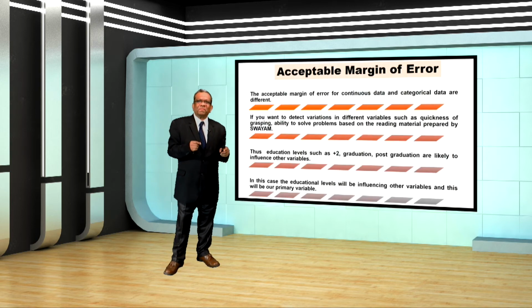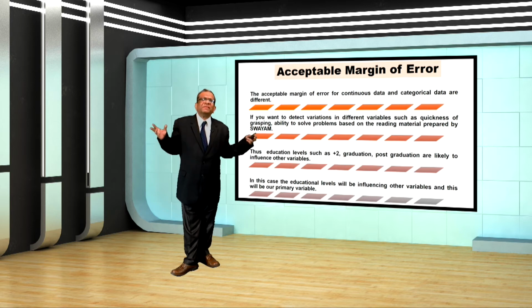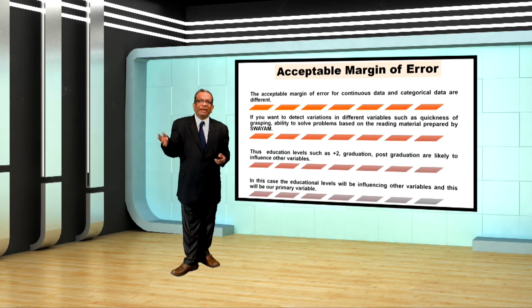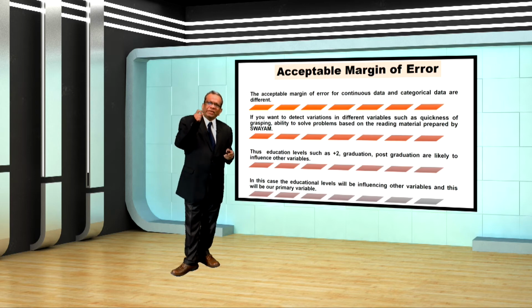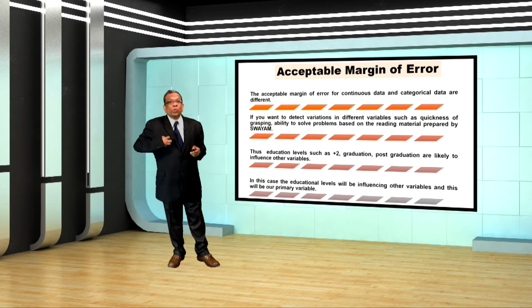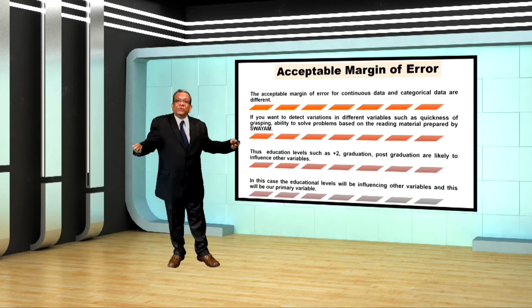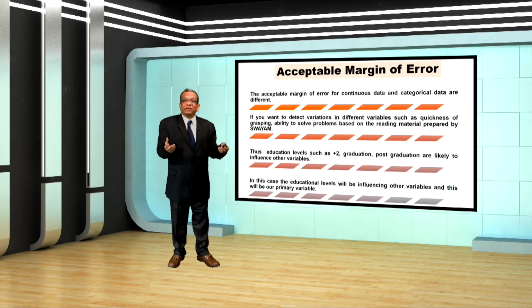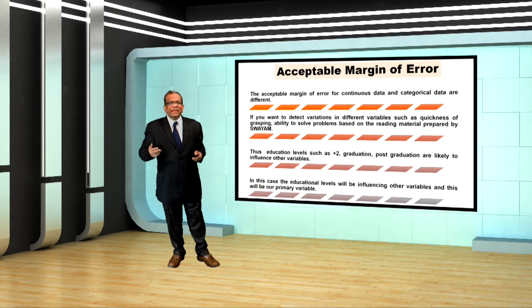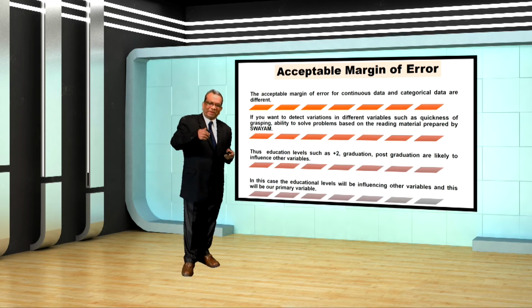Acceptable margin of error. Now, what exactly is the acceptable margin of error? The acceptable margin of error for continuous data and categorical data are different. If you want to detect variations in different variables such as quickness of grasping, ability to solve problems after going through the reading material prepared by Swami, the most important variable is the education level of the participants.